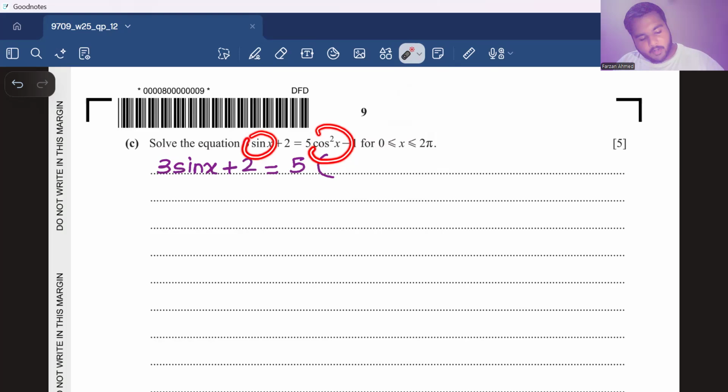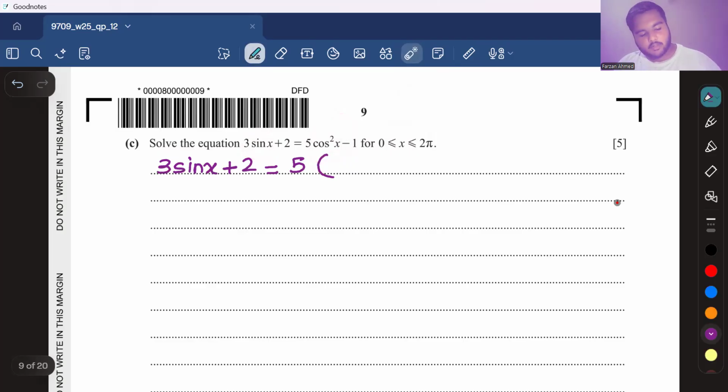We have to make it in terms of sine. Here is the identity: cos square x will be 1 minus sine square x. So 1 minus sine square x in bracket, minus 1.